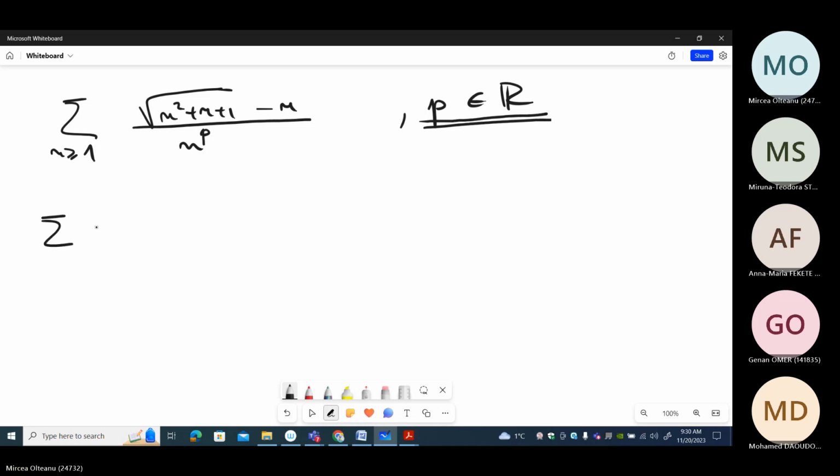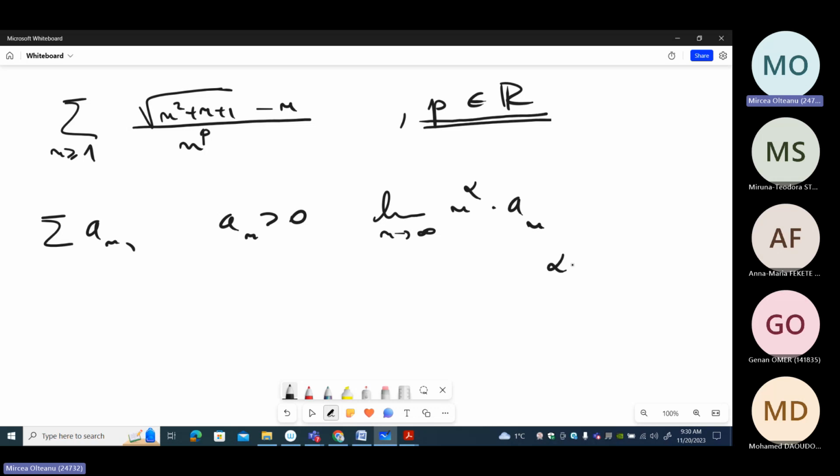If you have a series like this with positive terms, the limit test with n at alpha says: compute this limit and look for an alpha for which this limit is non-zero and not infinite.